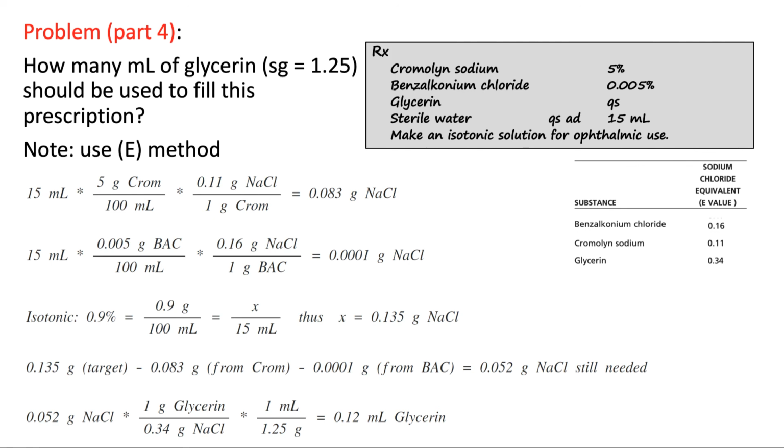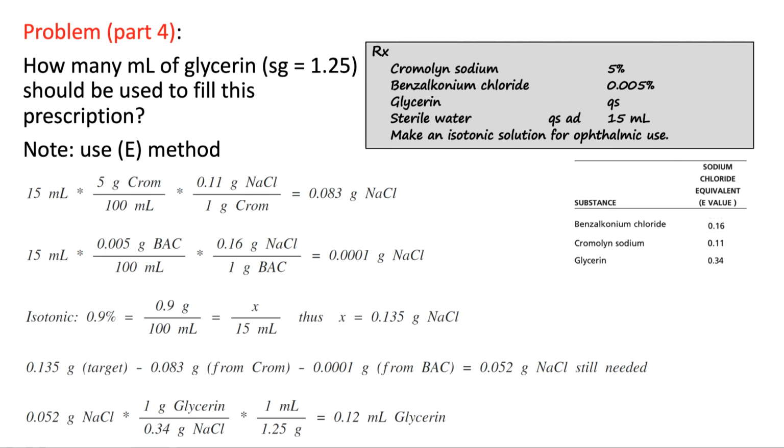So let's take our 0.135 grams, which is our target amount of sodium chloride, subtract the 0.083 grams from the cromolyn, subtract the 0.0001 grams, which comes from my benzalkonium chloride, and what I see that is left that I still need to obtain is the 0.052 grams of sodium chloride.